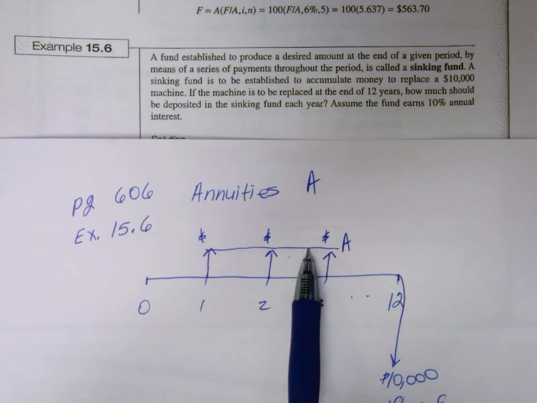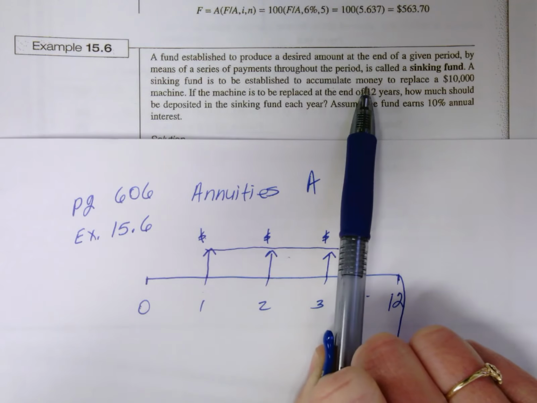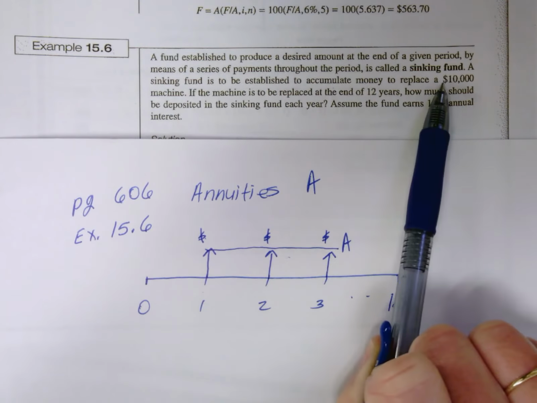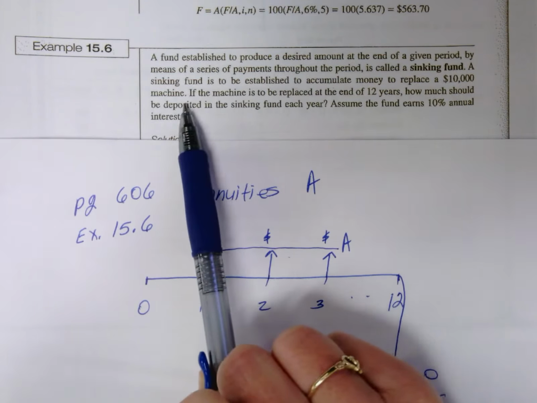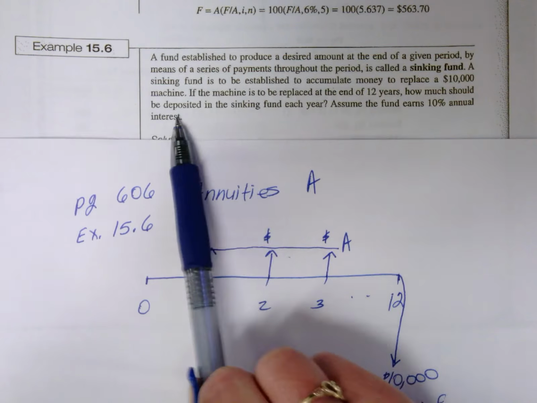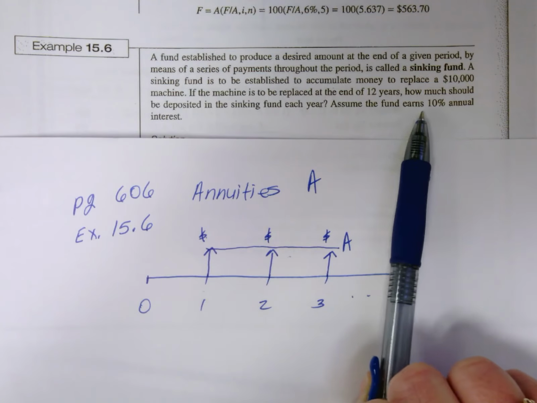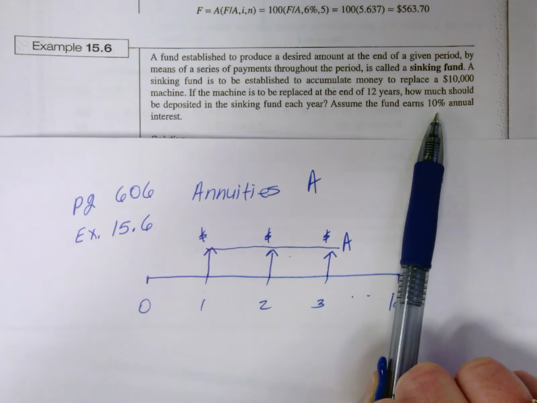This is called a sinking fund. The intent of a sinking fund is to accumulate money into a fund for some future purpose. In this example, it's to replace a $10,000 machine at the end of 12 years. And then the question is, how much should be deposited in the sinking fund each year? Assume the fund earns a 10% annual rate of interest.